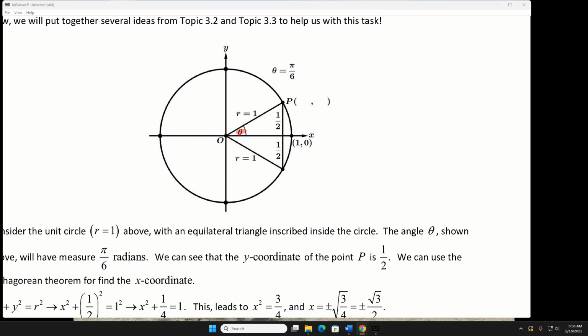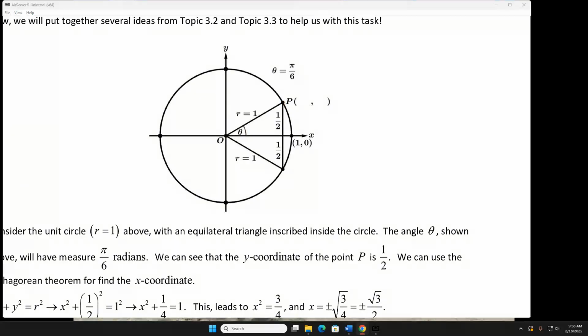This angle is closer to the x-axis, so what is that angle? Pi over 6, yes. So this angle theta is pi over 6. Since this side is 1, then this height is 1/2, and this height is another 1/2. So what would the y-coordinate be at point P? 1/2.